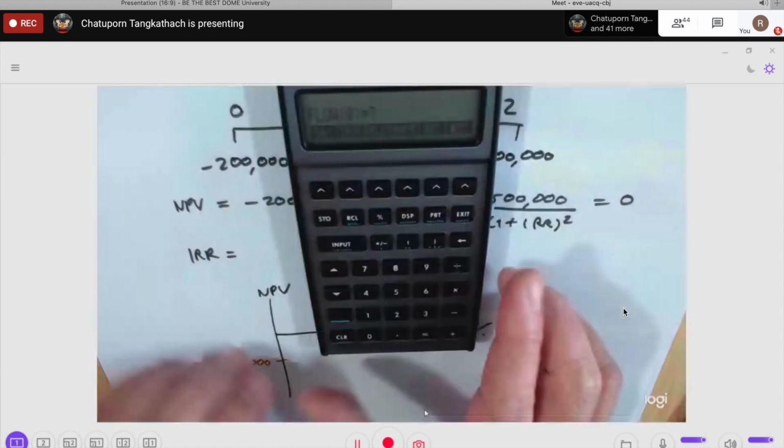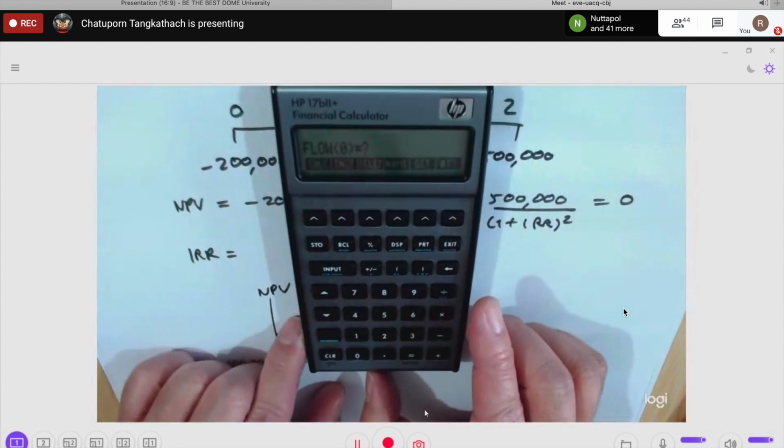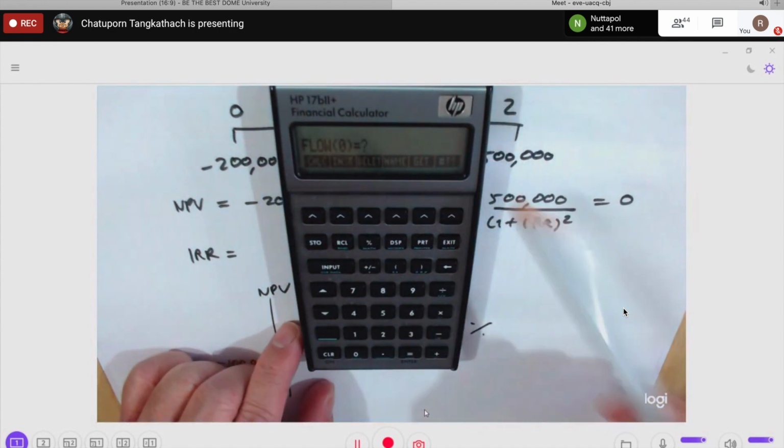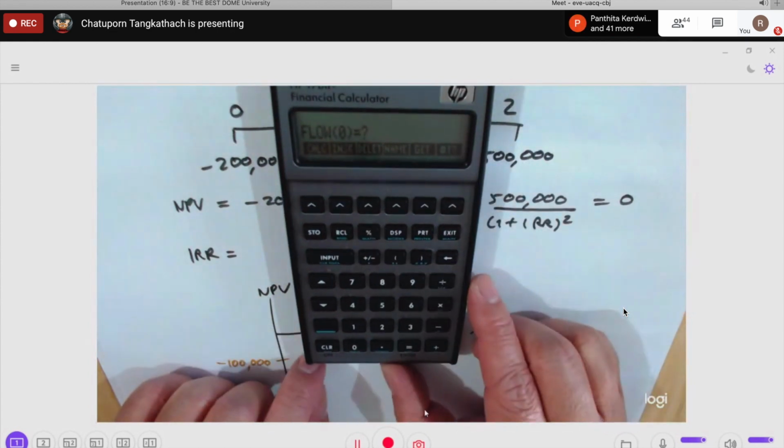Let me show you this. This is another financial calculator, but it's from Hewlett-Packard. Let me try it.